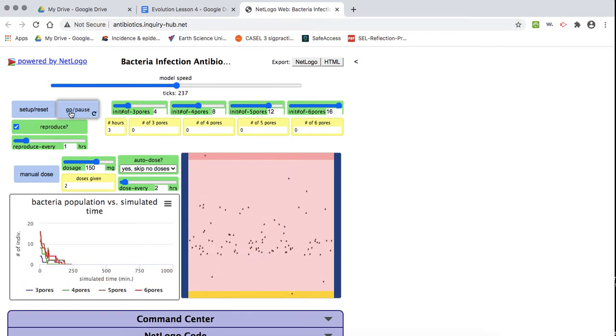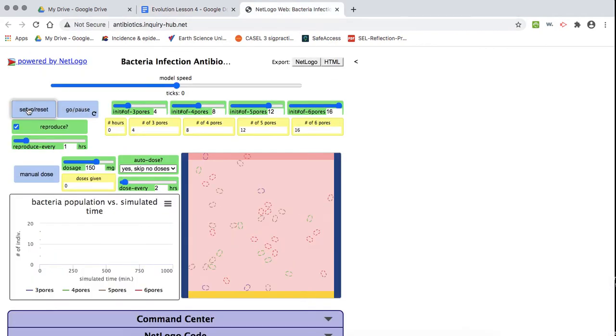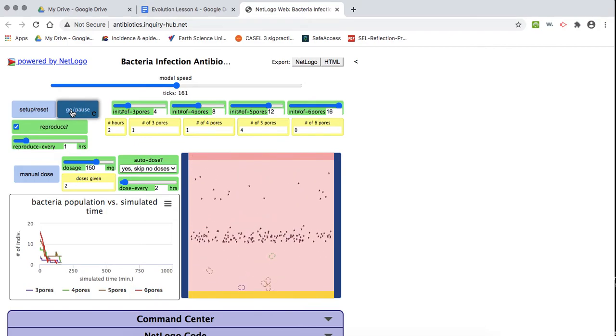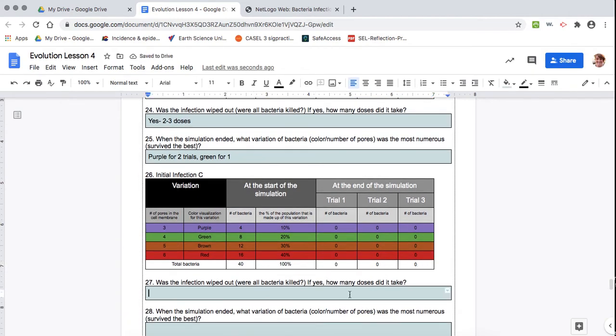All right, looks like once again, we have no bacteria left after 2 doses. Let's try it a third time. All right, and 2 doses. No bacteria left. The infection was wiped out, but this time it only took 2 doses.